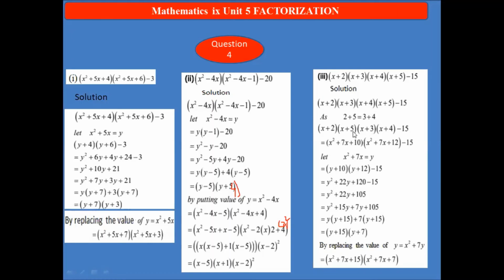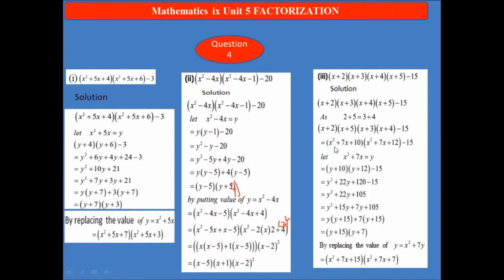So multiply the first two terms. We have x square, 2x plus 5x is 7x, 5 times 2 is 10. Here when we multiply x with x we get x square, and x with 4 we have 4x, and 3x plus 4x is 7x, 3 times 4 is 12, and minus 15.